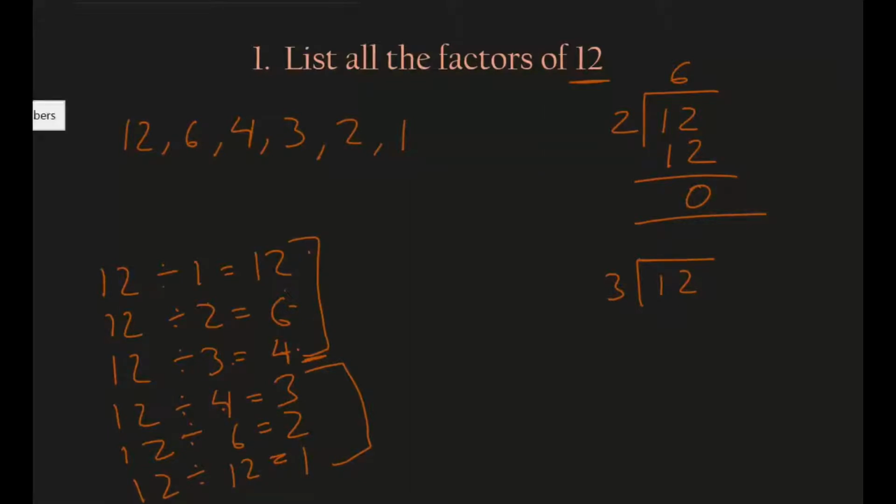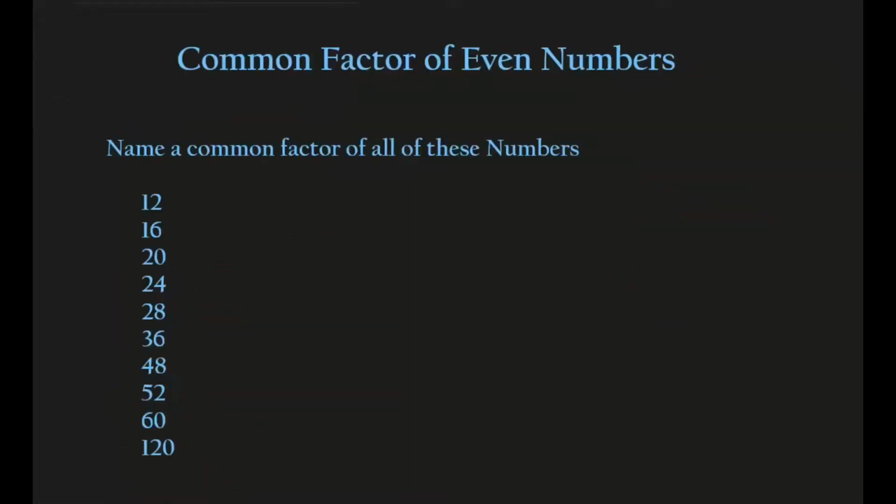So now let's go to a fact. What we're doing here is common factors of even numbers. We're naming a common factor of all of these numbers. The title says even numbers.